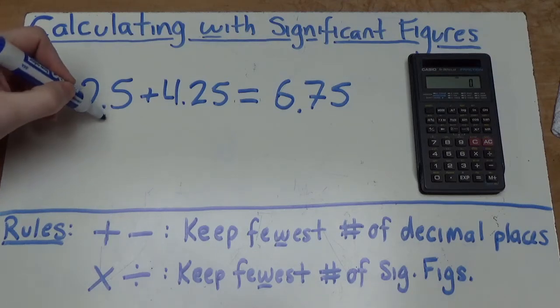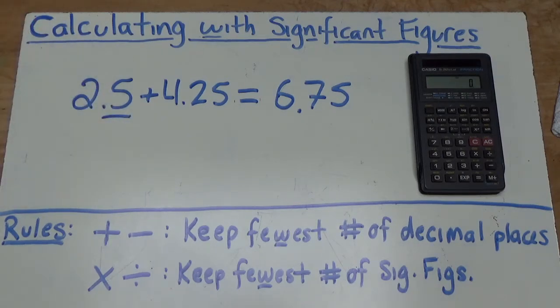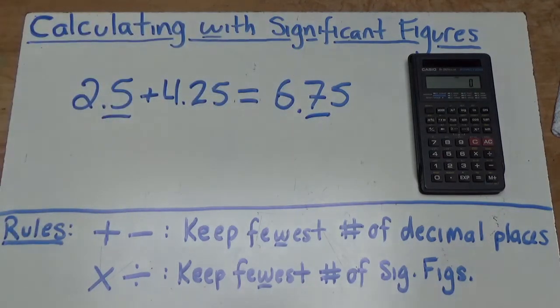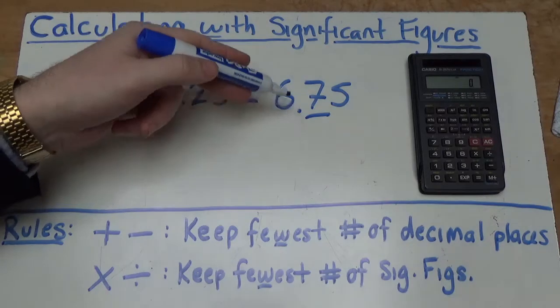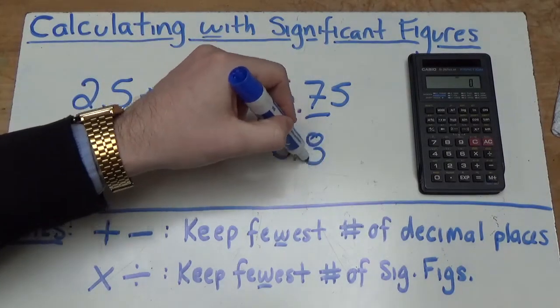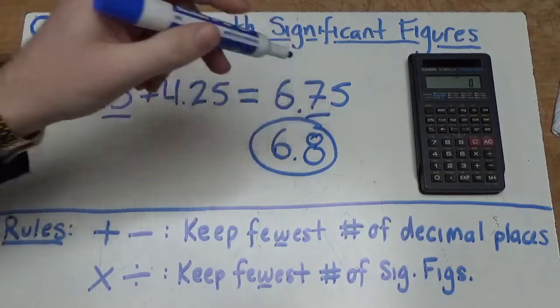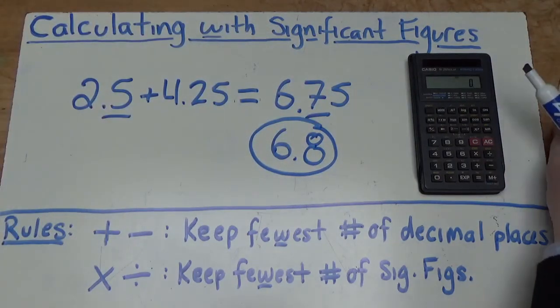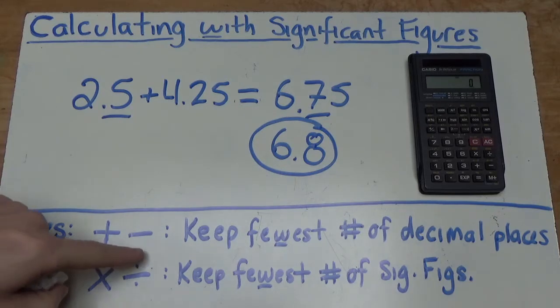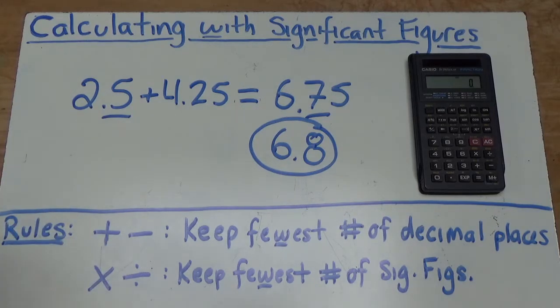The lowest number of decimal places in my problem is 1, so my answer is only going to be allowed 1 decimal place. 6.75 rounded to 1 decimal place is going to give me 6.8. Here we see how the rules of addition and subtraction can differ from the rules of a calculator when we're talking about significant figures.